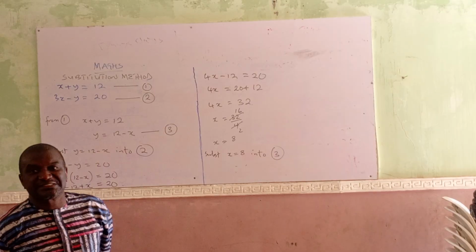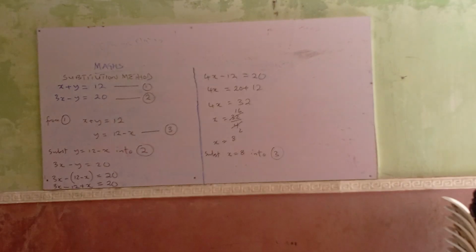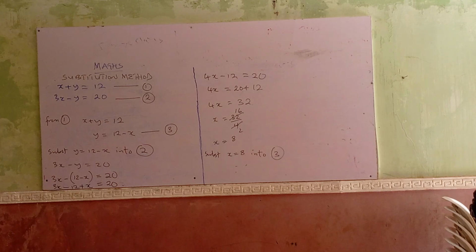Do you know the answer? Yes, what's your name? My name is Joshua. Because y is already solved, since we're looking for y, we should just use that. Very good, clap for him.